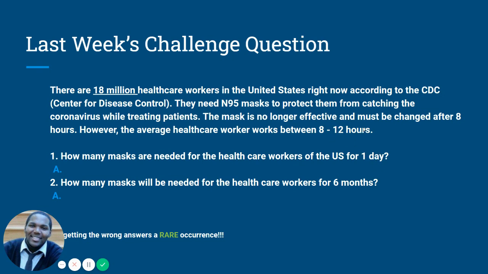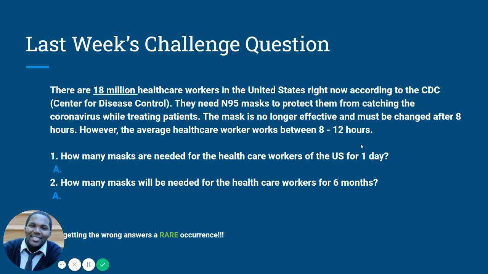Well, it tells me here, and this is where this information becomes really tricky, but also it gives me part of my answer, that we know that the mask must be changed after 8 hours. But the question is, how many hours are they working per day? Each healthcare worker in the United States works between 8 to 12 hours.